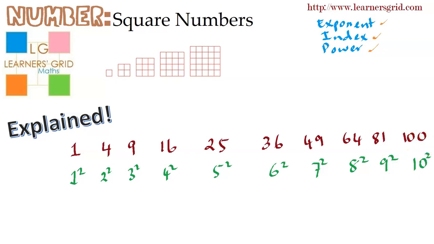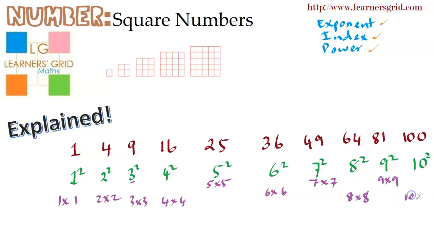And what do those actually mean? Well, this means 1 times 1, 2 times 2, 3 times 3, 4 times 4, 5 times 5, 6 times 6, 7 times 7, 8 times 8, 9 times 9, and 10 times 10.